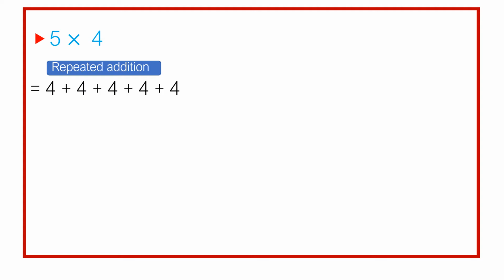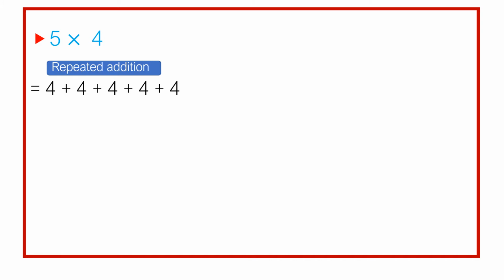Let us now try 5 times 4. Let us first use repeated addition, then later we will use the multiplication table. So 5 times 4 means that we add 4 five times.